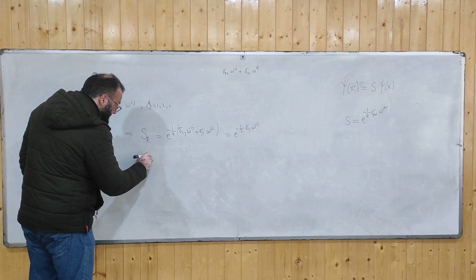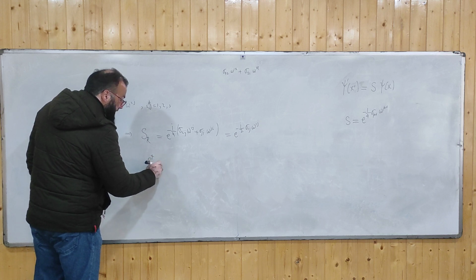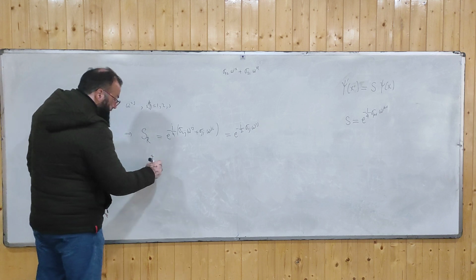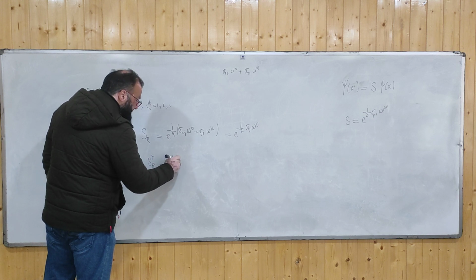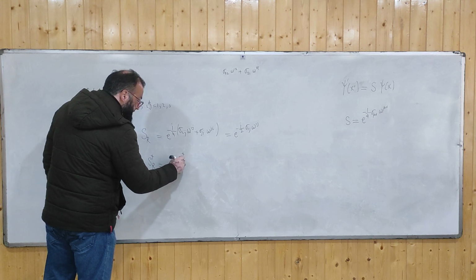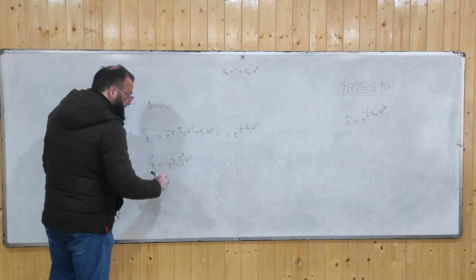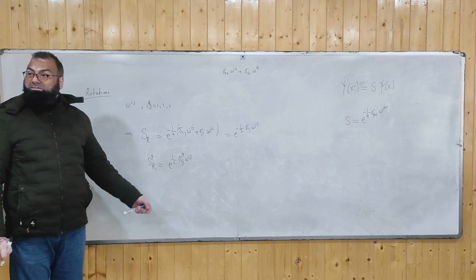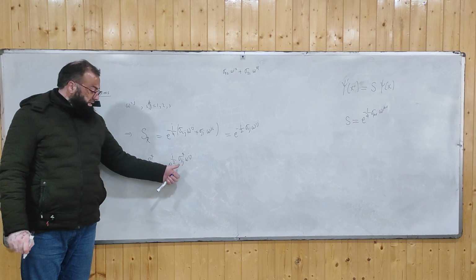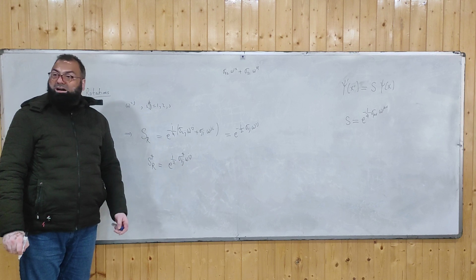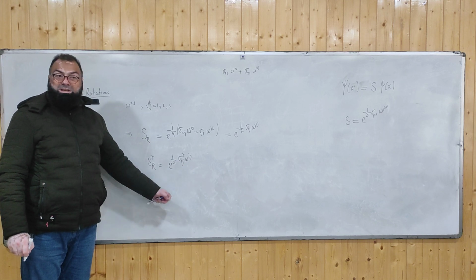Let's take S dagger R. So how much is that? It is e raised to the power i by 2 sigma dagger ij omega ij. Clear? Omegas are the parameters, and you have sigma dagger ij. Now can you tell me what sigma dagger ij is?